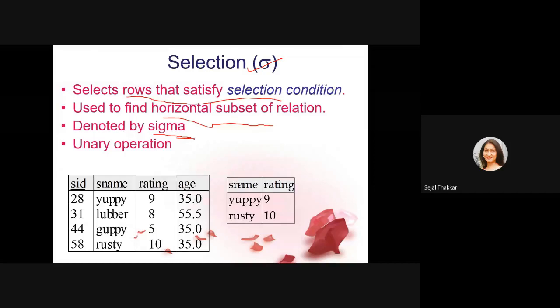So there is a table which has fields SID, SNAME, rating, and age, right? Now I'm interested in seeing only those ratings that are greater than 8. Now take your Indus University employee or staff table.